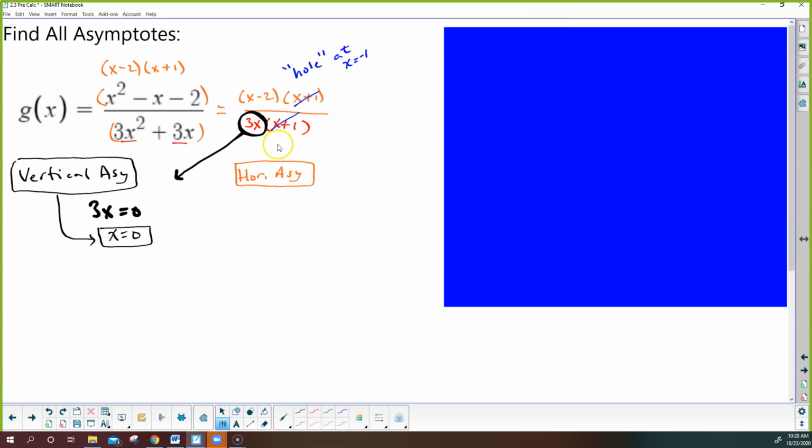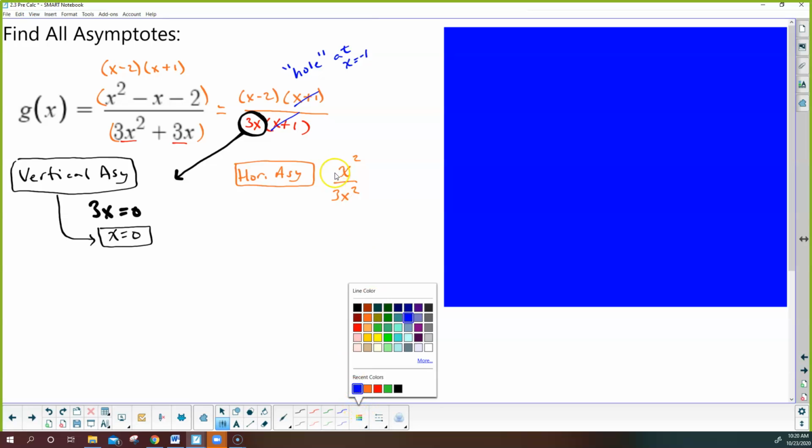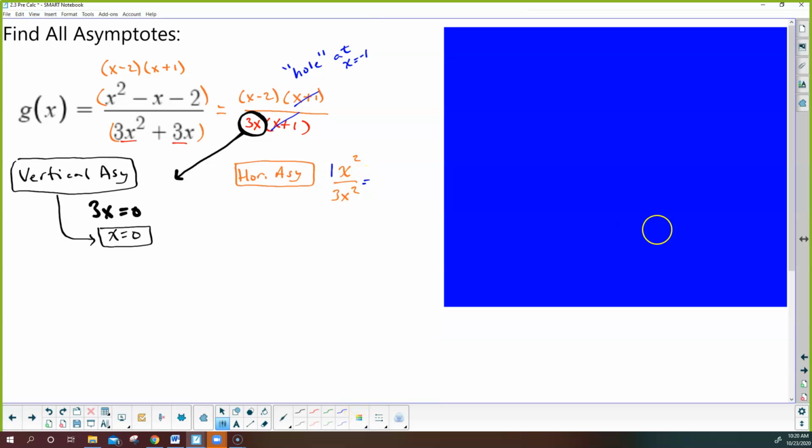Okay, so when we look at vertical or horizontal asymptotes, we're comparing the degree. And I like to think of it kind of using that limit notation. I won't tie in limits. I don't want to confuse you guys too much. But notice, if I just look at the leading degrees and the leading coefficients, I get x squared over 3x. Well, since those are the same, technically there's a 1 here.